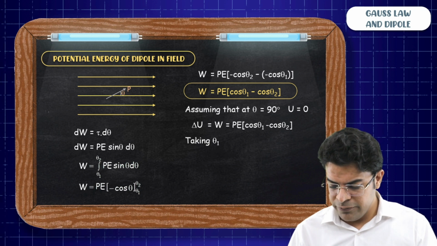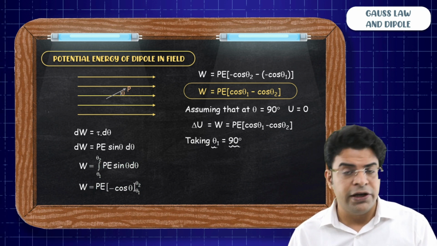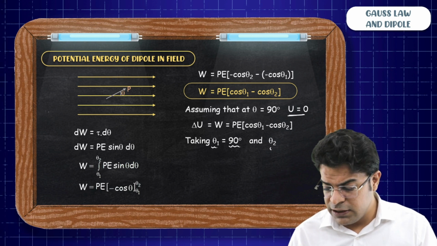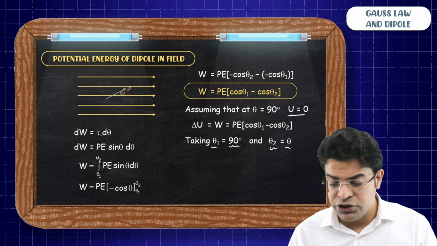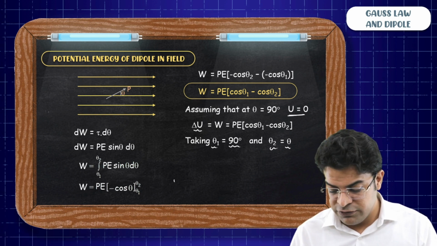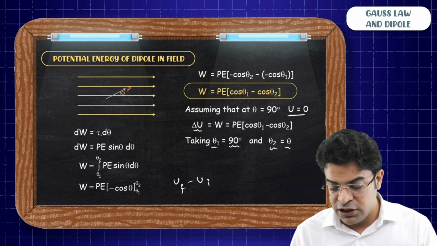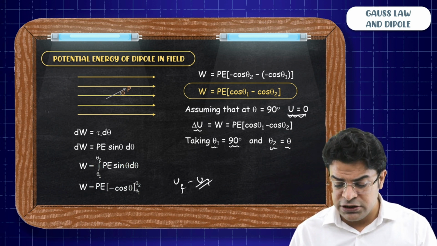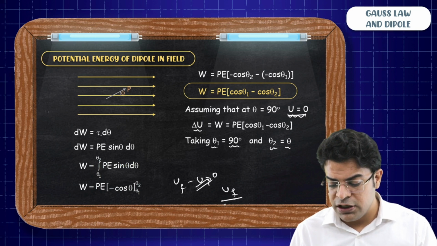Substituting the values, the change in potential energy, which is potential energy final minus potential energy initial, since the initial potential energy is 0, simply gives the final potential energy.